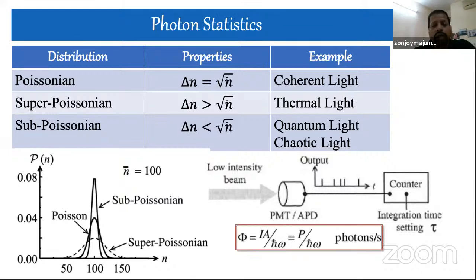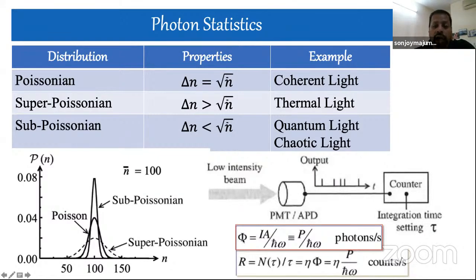So if we shine the light on the photomultiplier tube, with an intensity I and a cross section A, and the photons are coming with a frequency omega, the flux will be nothing but IA divided by h cross omega. But that flux will not all be converted to current, because you have the efficiency of the detector, which has to be taken care of by the eta factor.